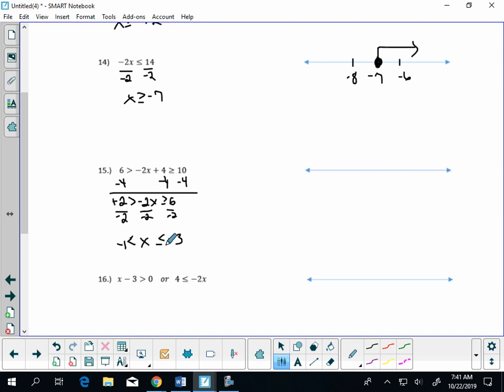When you write an equation like this, or an inequality like this, not an equation, an inequality, it's always better to start with the smallest number. Right, we can just go ahead and graph it too. -1. Actually, I'm going to put a couple extra hash marks on this one.